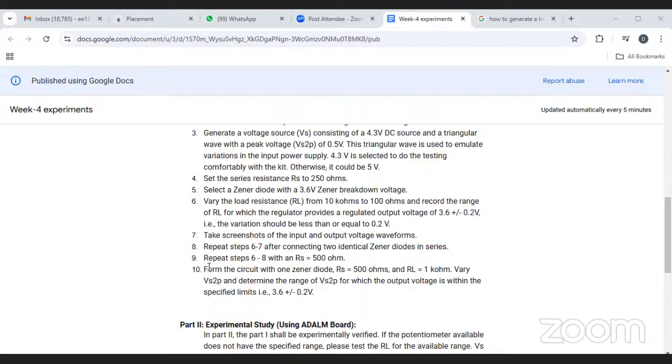Now the last step in this part 1 is to form the circuit with one Zener diode, with RS as 500 ohms and RL as 1 kilo ohm.